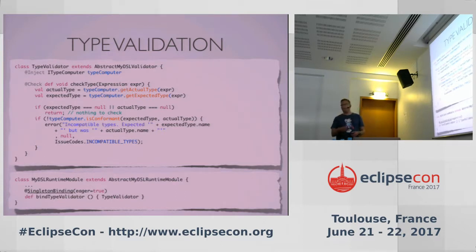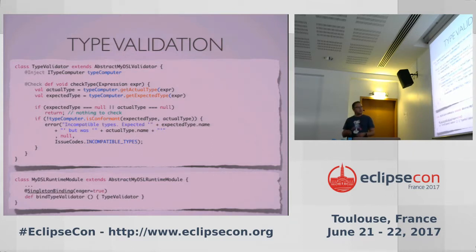This is the example where you just have a separate class for type checking. Then check any type on an expression, get the actual type, get the expected type, and if you can compute both, otherwise you can say, okay, I don't know what to do with that. If you can compute an expected and an actual type, ask the question, are they conformant to each other? And if not, then you have an error. Then you raise an error for that expression.